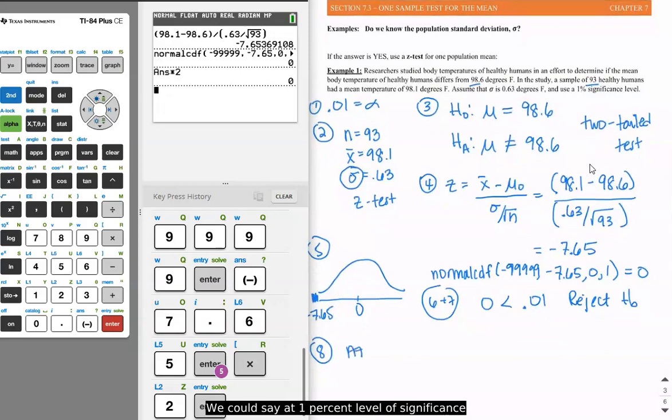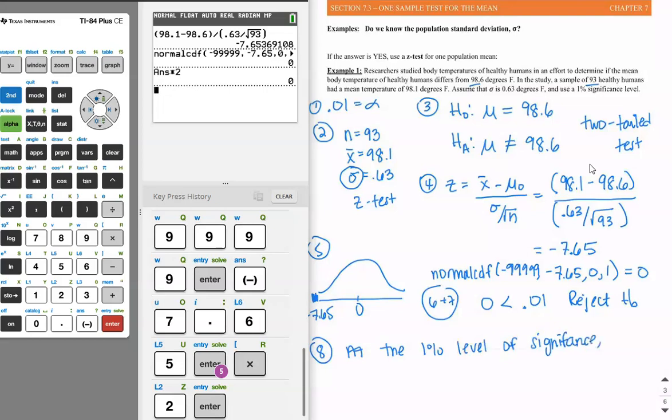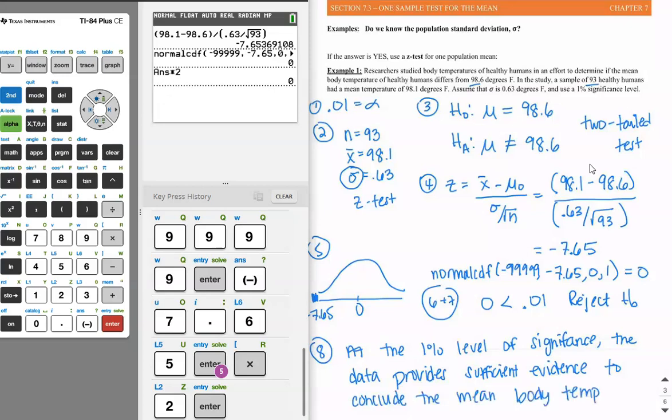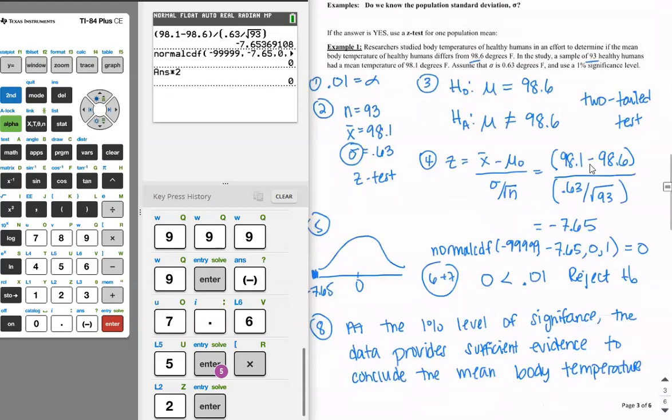We could say at the 1% level of significance, the data provides sufficient evidence to conclude the mean body temperature differs from 98.6 degrees Fahrenheit.